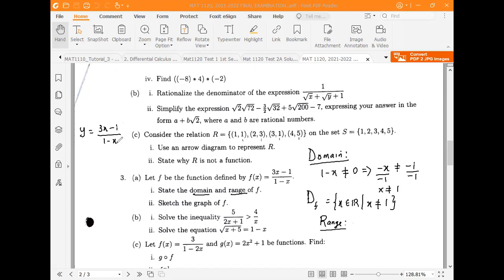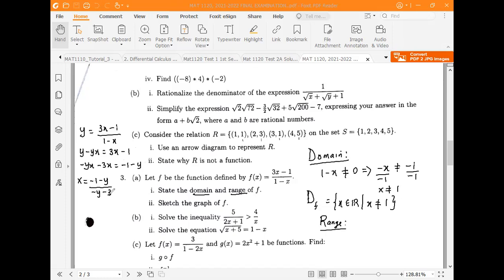Cross multiply, we'll have y minus yx equal to 3x minus 1. Put the x's on one side, and the non-x on the other side. Factor out x, then divide by minus y minus 3.